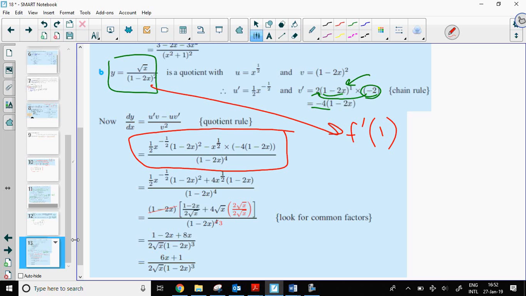Well, we could do all the algebra to get from here to here, and then substitute in 1 for x. Or, you know what? It's probably going to be easier for most of us just to put 1 in right now. We don't need to do the algebra with all the variables. It's unnecessary.